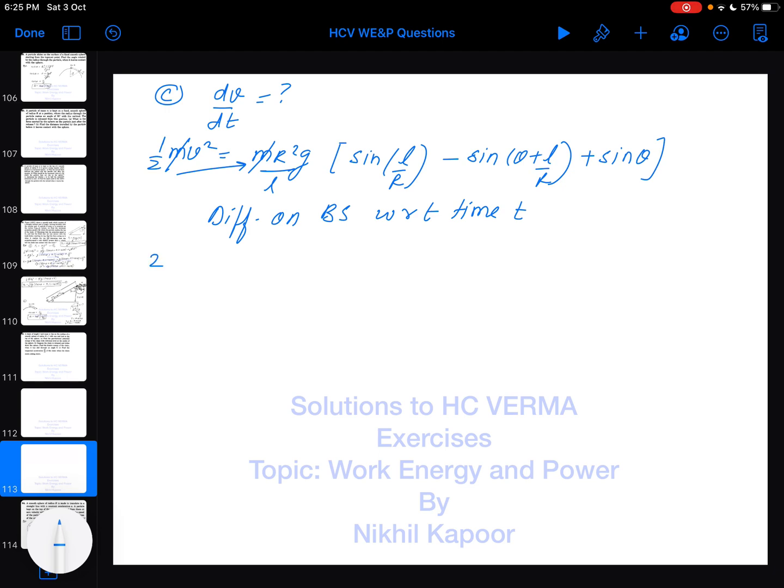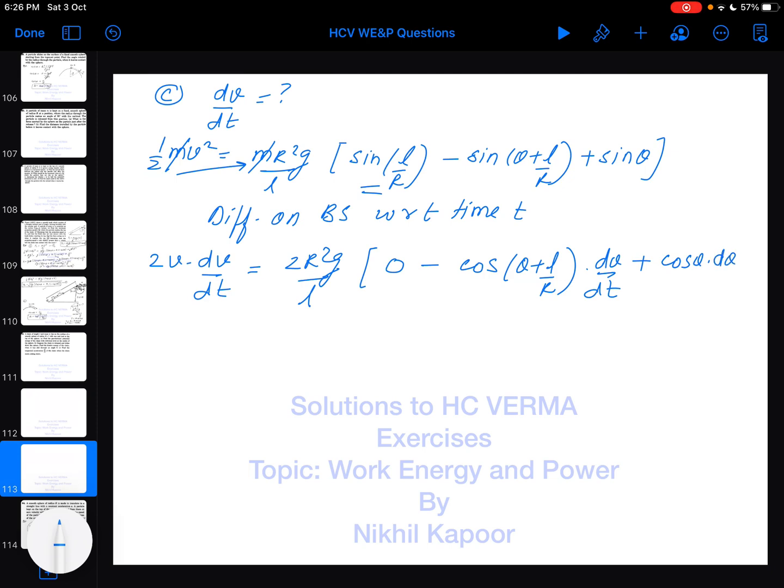So the derivative of v square will be 2v dv by dt, and 2r square g by L are constant. First, the derivative of sine L by R would be 0 because sine L by R is constant, minus, as theta is the variable, the derivative of sine theta plus L by R will be cos in bracket theta plus L by R into the derivative of theta with respect to time, d theta by dt, plus again the derivative of sine theta would be cos theta times d theta by dt. As the derivative is with respect to time, we should write d theta by dt.